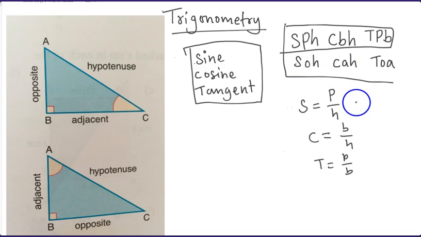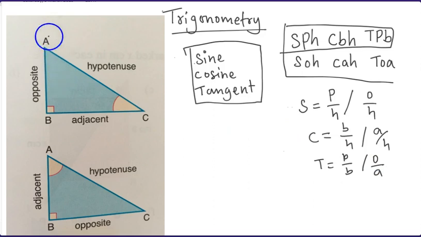This is the same as here, SOHCAHTOA: sine means opposite by hypotenuse, cosine is adjacent by hypotenuse, and tangent is opposite by adjacent.